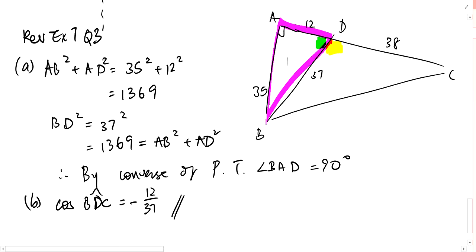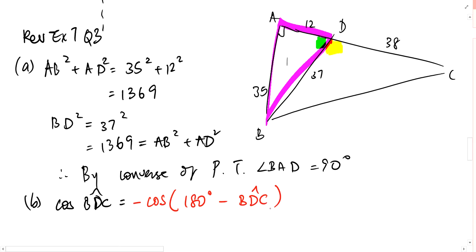So since this triangle is a right angle triangle, I can apply the trigo ratios that we learned in Sec 2. So if I do not skip steps, this will give me equals to negative cosine 180 degrees minus BDC.